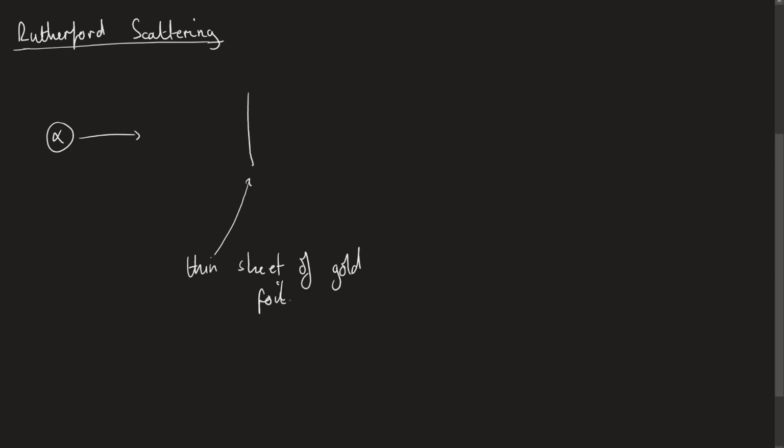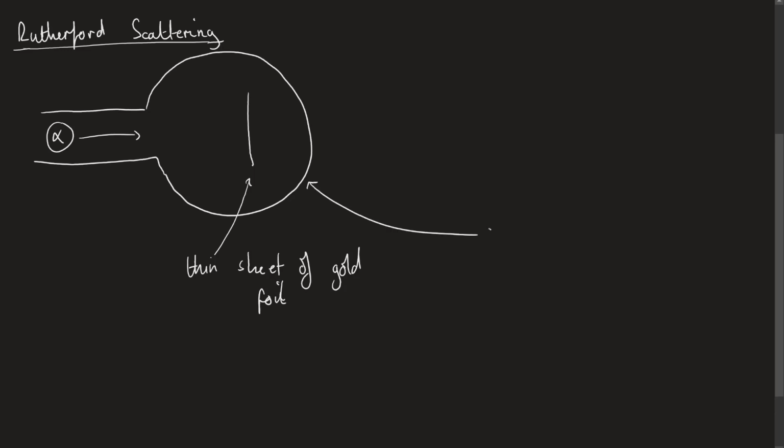And obviously these are alpha particles. They're not just going to travel indefinitely. They're going to lose energy pretty quickly. They don't really have a very large range. So he had to put this inside a vacuum chamber.